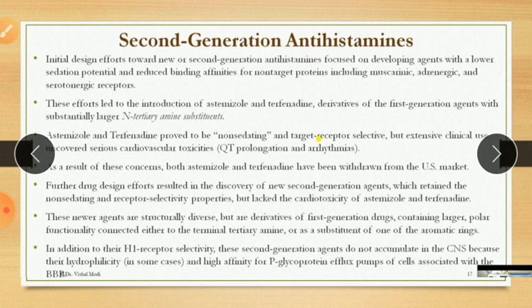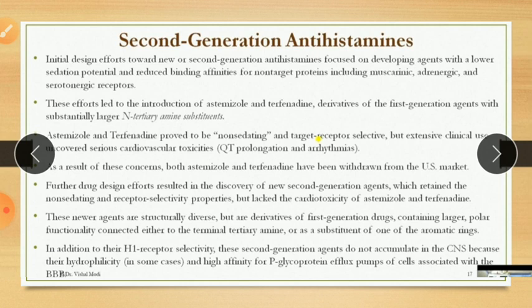These efforts led to the introduction of astemizole and terfenadine, derivatives of first generation agents, with substantially larger N-tertiary amine substituents.